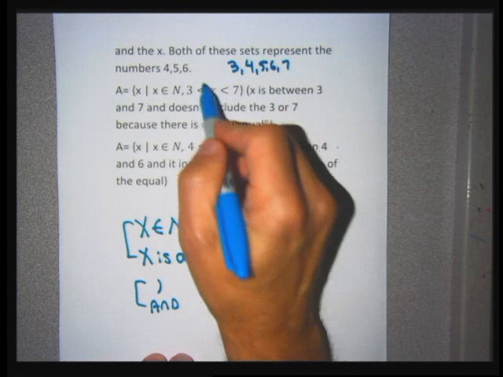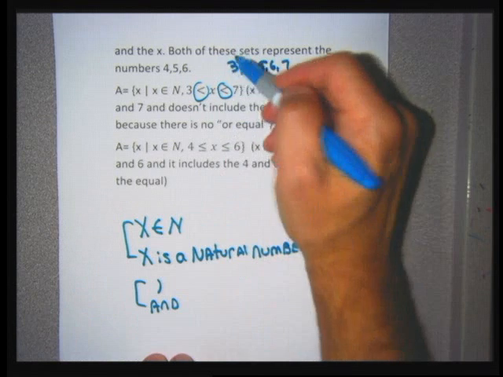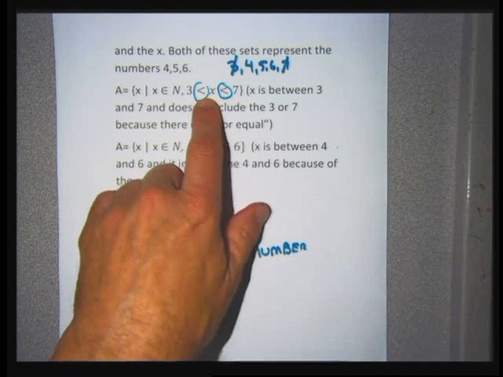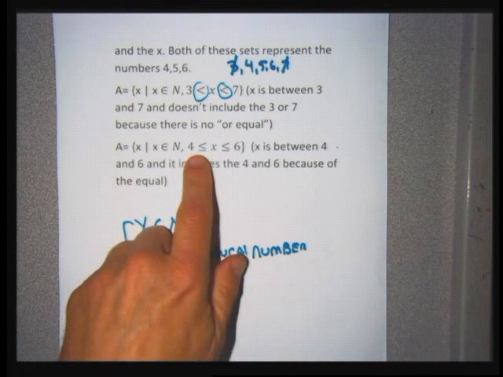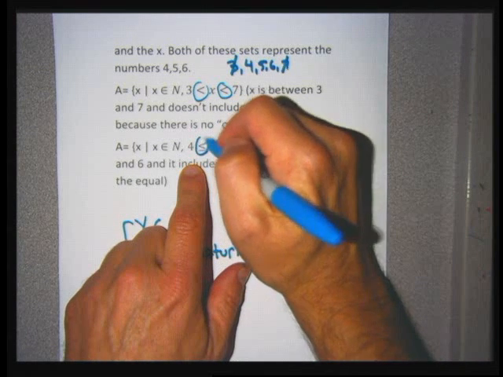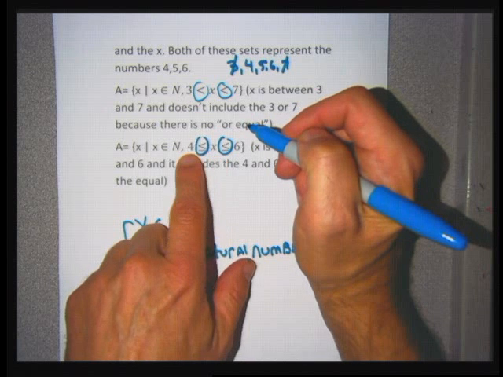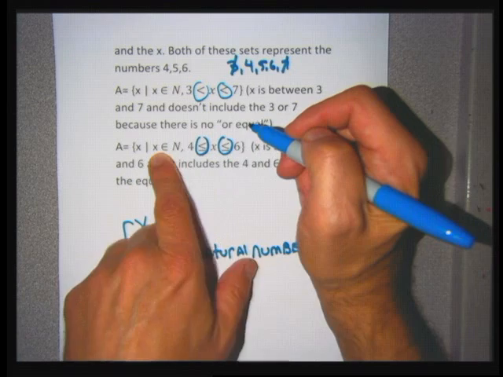So when I don't have the or equal to signs, x is between those numbers, but it doesn't include the first or the last number. So this represents the numbers 4, 5, and 6. The second way I described this, when I did the less than signs, I put equals with them. So x is between 4 and 6, it's allowed to equal 4, and it's allowed to equal 6, and it's a natural number.